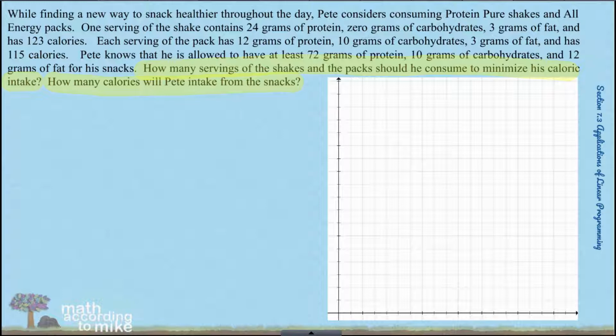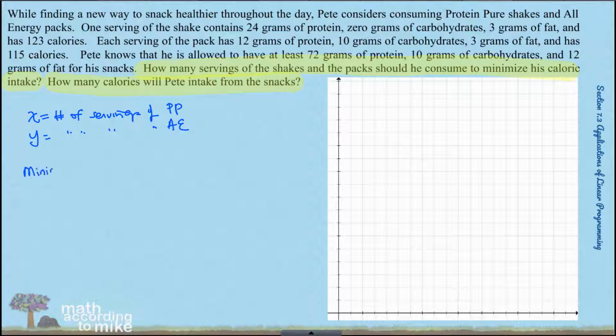First off, since we don't know how many snacks he should consume of each type, then X should be the number of servings of protein pure. And then Y will be the number of servings of all energy.